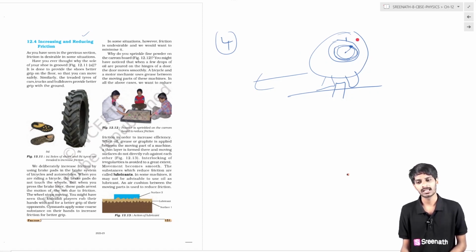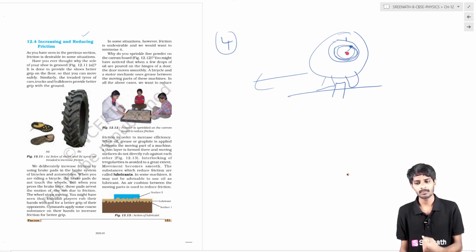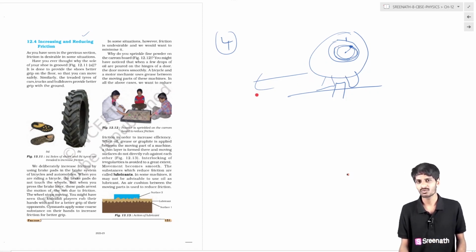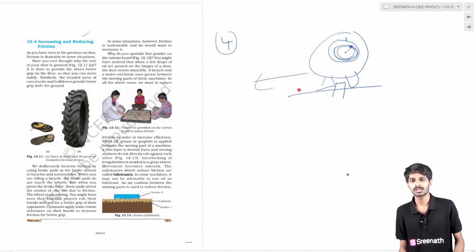They are held by the brakes. Brakes will hold the rim, and that rim will hold the tire. But the motion of the whole vehicle is not stopping. It may be sliding. Why is it sliding? During the rainy season there are no irregularities. Water will come and remove the irregularities.